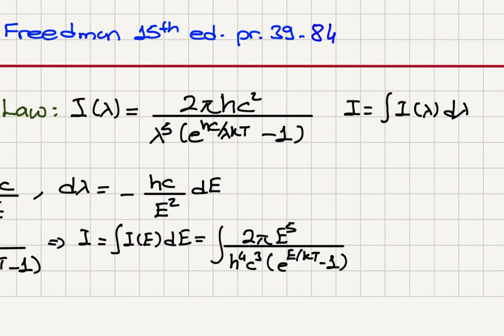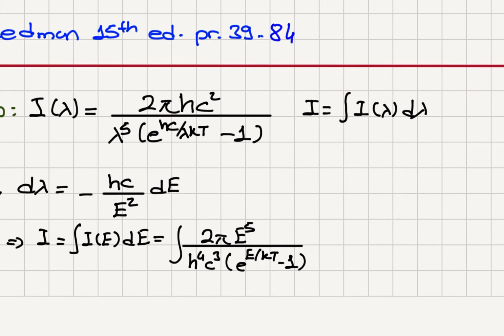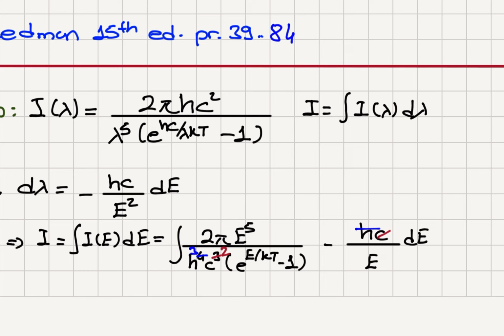And for d lambda, we're substituting this, so we have minus hc over E squared dE. Now you can see that this c will make this c cubed c squared, and this h will make this h to the fourth power h cubed.